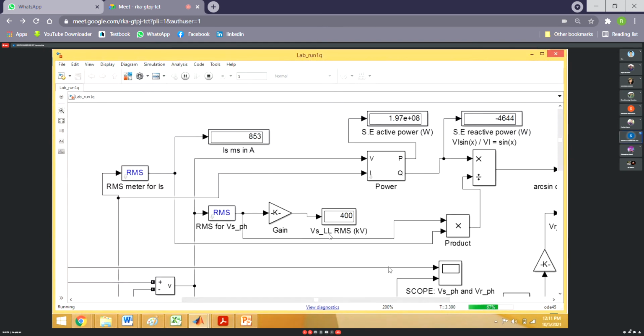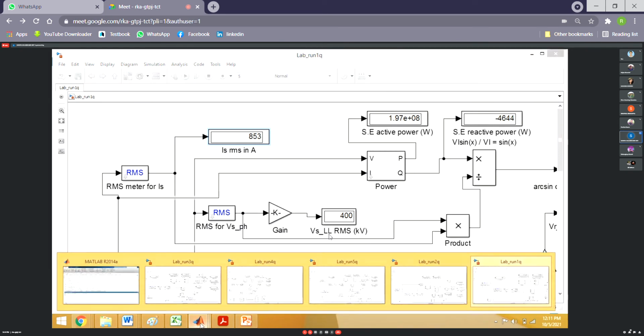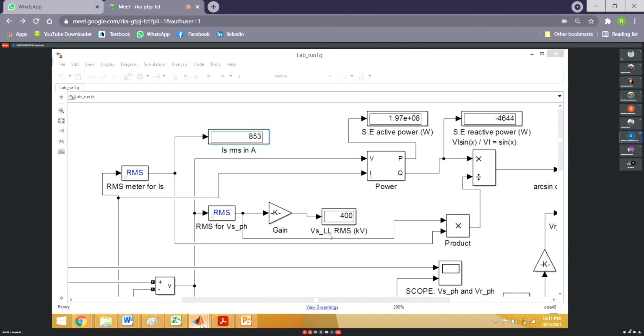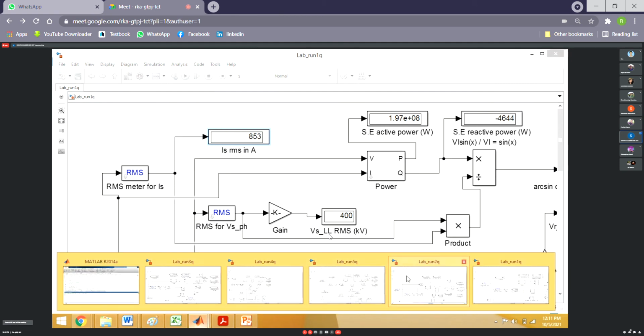So take this one, 853 ampere. Right? Now go for run 2. All of you, have you copied 853 ampere? You already know the peak value 1206 point something. Divided by root 2, it should be near to 853.